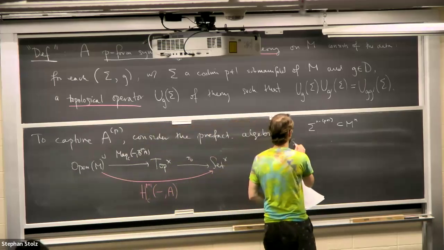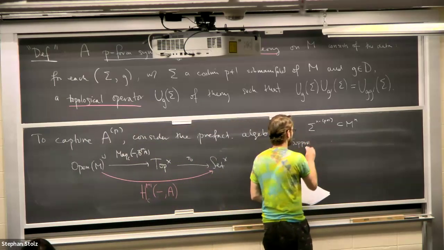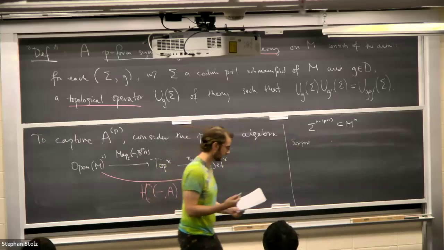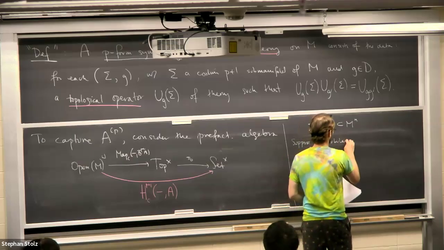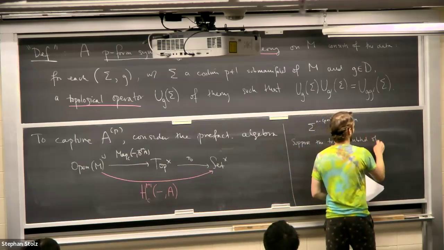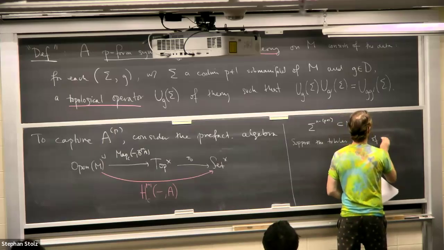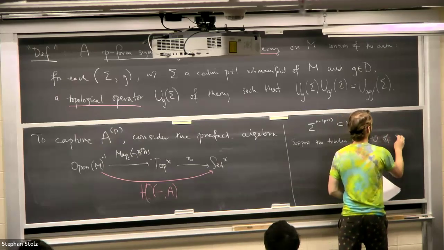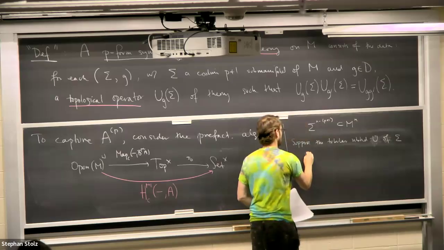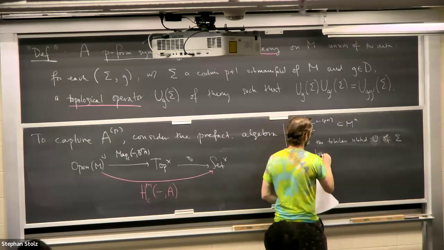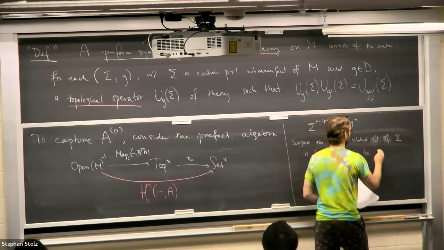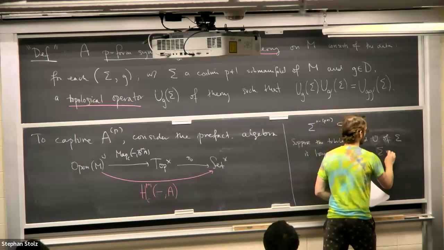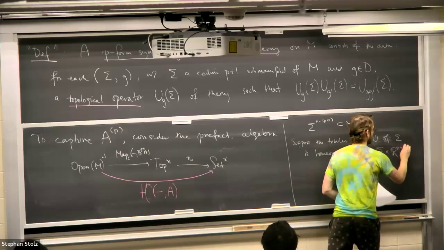And suppose, the way Grisha's concerns from last time, the tubular neighborhood of sigma, let's call it U, of sigma is homeomorphic or diffeomorphic to sigma cross R^{p+1}.